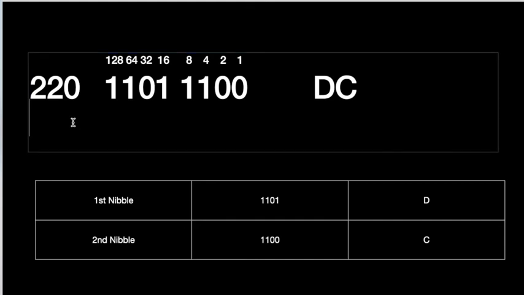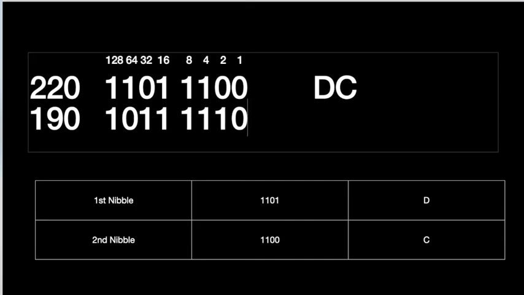Let's take the number, alright, let's say 190. Binary of 190 is going to be 1011 1110.